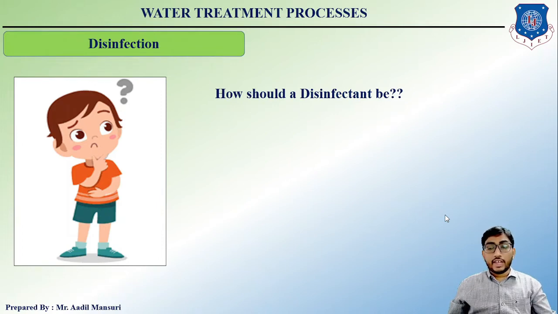After its application, the water should not become toxic and objectionable to the users. Its strength or concentration in the treated water should be quickly determined. And it should have the ability to persist in residual concentration so as to safeguard against recontamination. So these are the points which a good disinfectant should have.